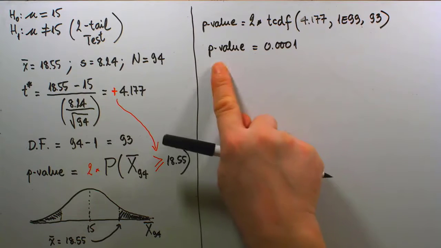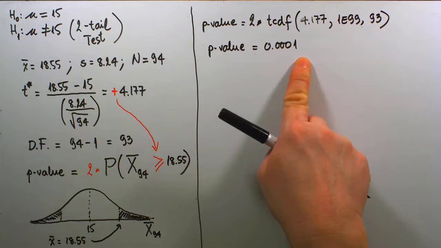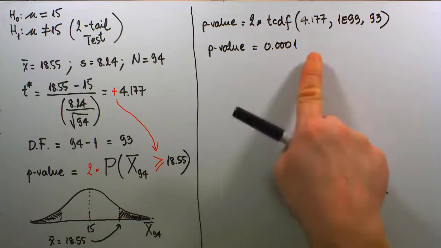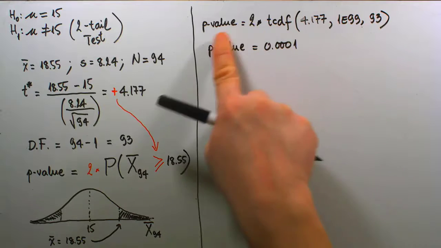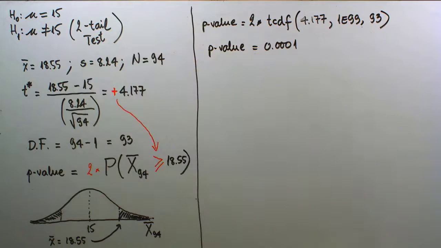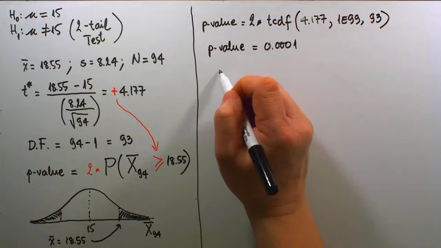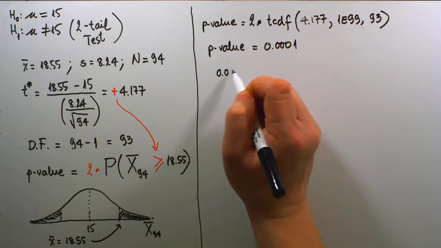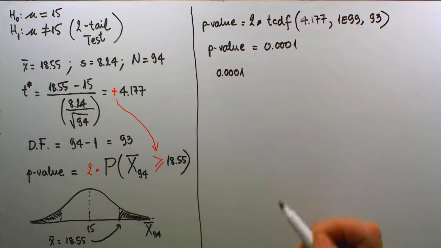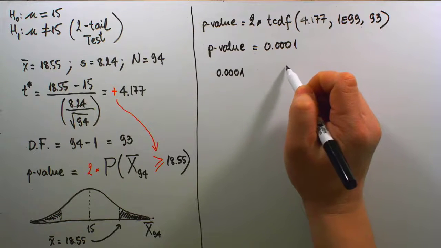And so now that we have calculated our final p-value to be 0.0001, the only thing is to be aware that this final p-value is a two-tail p-value. Now we are going to compare this final p-value with our significance level given in the problem.